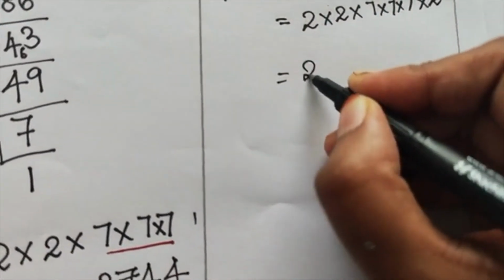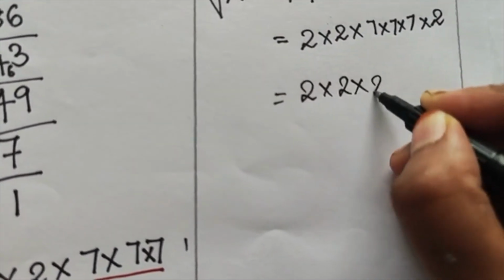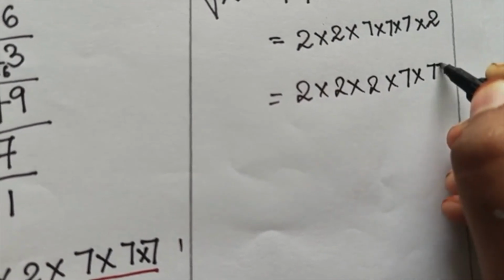So if we rewrite, we get 2 into 2 into 2 into 7 into 7 into 7.